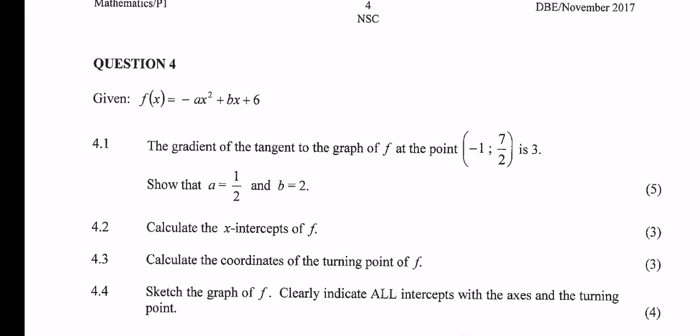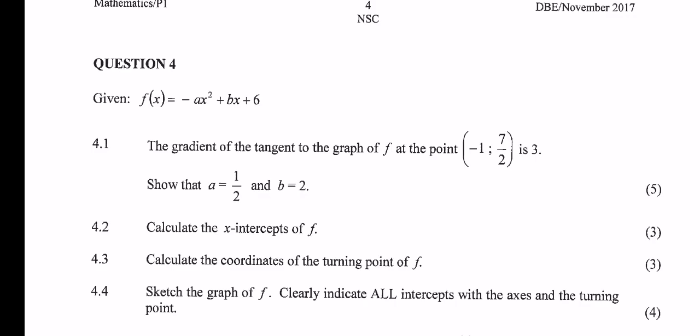Now, we're given the gradient of the tangent to the parabola. Remember, in some of the applications of differentiation and calculus, finding the equation of the tangent to a curve is one of those applications.